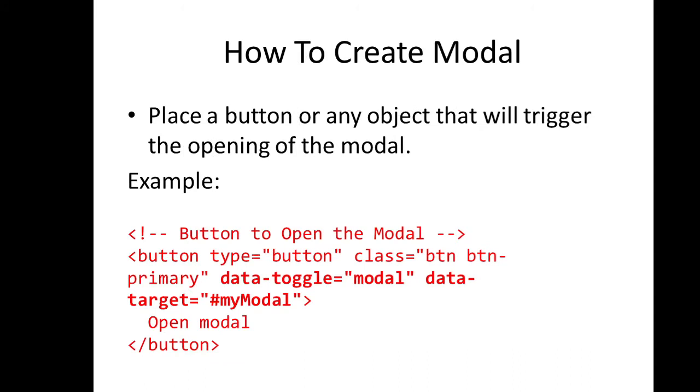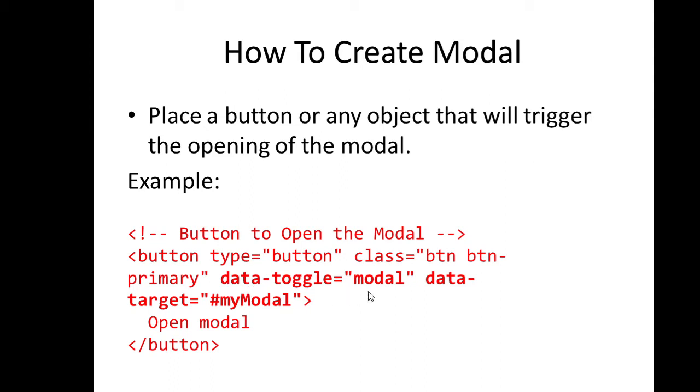And how do we create a modal? First, we have to place a button or any object that will trigger the opening of the modal. In this case, we have a button: type equals button, class equals our Bootstrap class for buttons, and then this is what is important here.